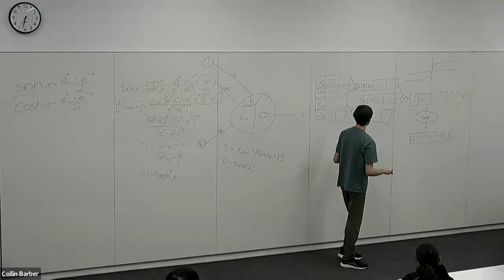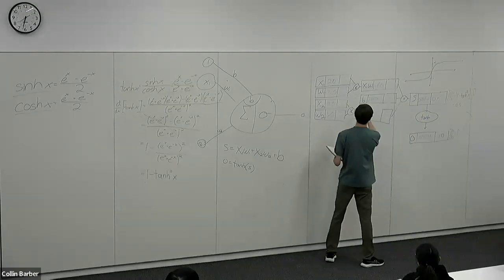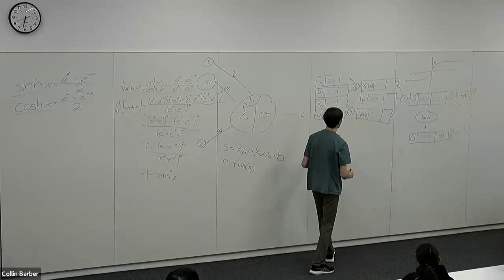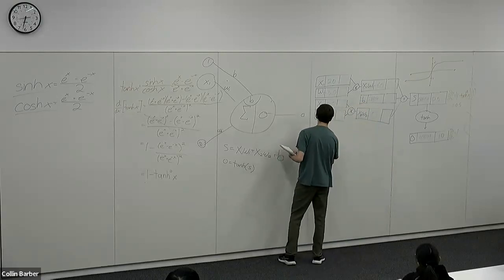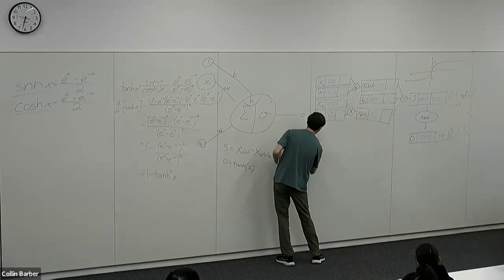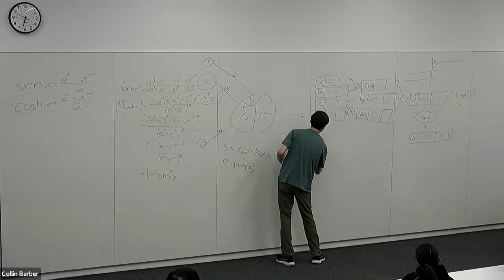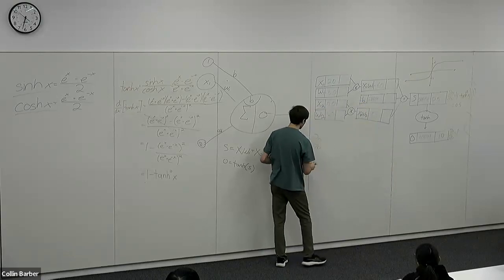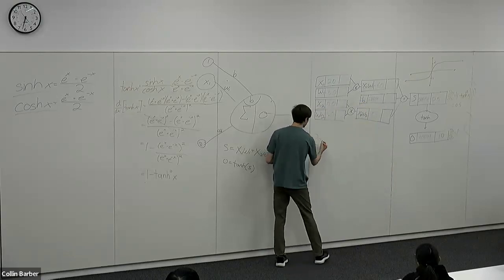So next, let's look at this B term for a moment. We want to look for the derivative of the output with respect to our B term. Every little change in B, how does O change?